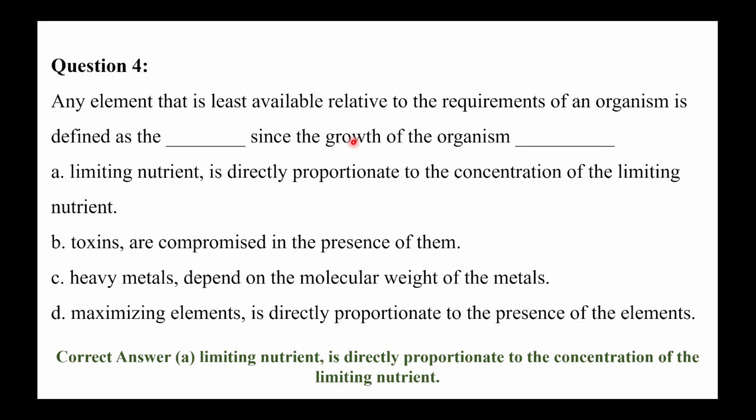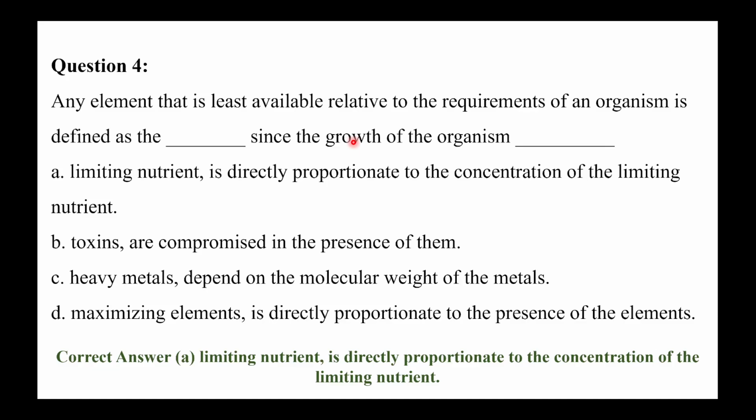So basically what happens is, if we are adding, let's say, 4 components to the media for the organism to grow in it, so we have, let's say, A, B, C, and D, 4 components in the media. Now the component B, we are adding it in the smallest quantity.